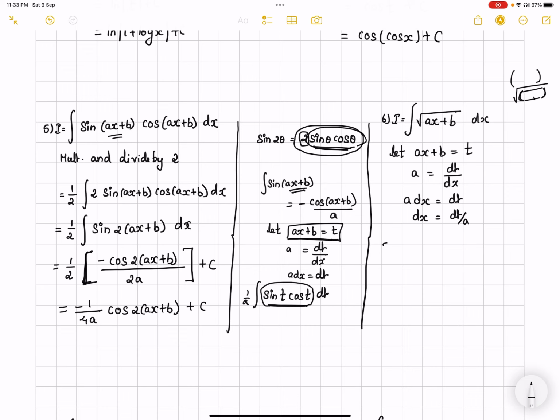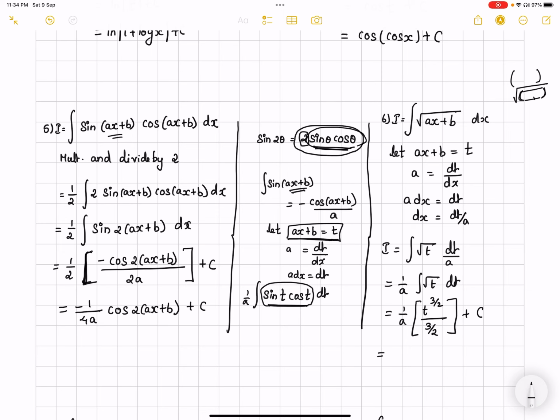Now let's see how our I is getting changed. I would be having root t dt divided by a. 1 by a is a constant. Integrate root t dt. So when I integrate t to the power half dt, I would be getting 1 by a, t to the power 1 by 2 plus 1 is 3 by 2, divided by 1 by 2 plus 1, which is 3 by 2 again, plus c.